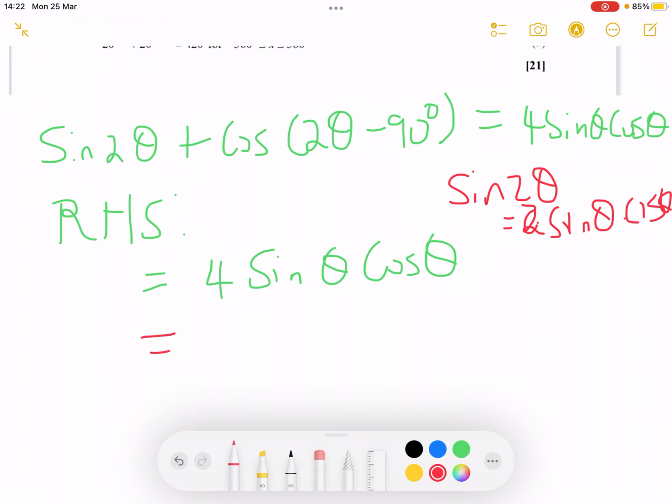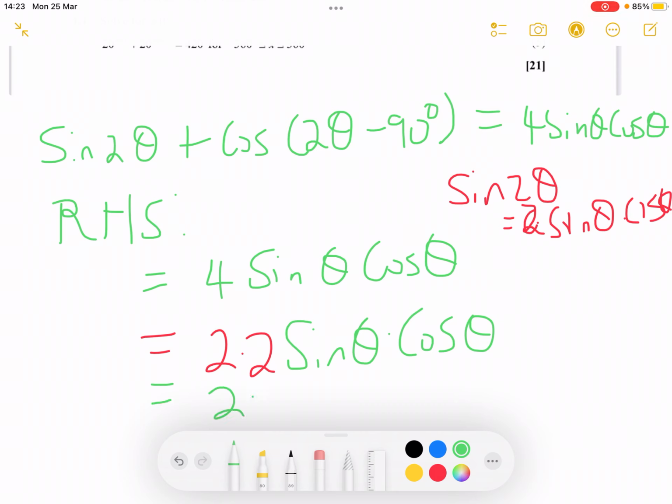We can see that this is the same as 2 times 2 sine theta cos theta, which is the same as 2 times sine 2 theta. So we now need to get our left hand side to be the same as our right hand side, in either form: 4 sine theta cos theta or 2 sine 2 theta.